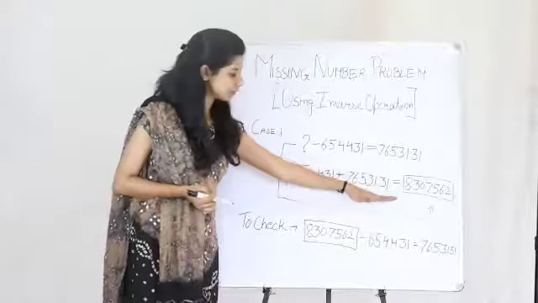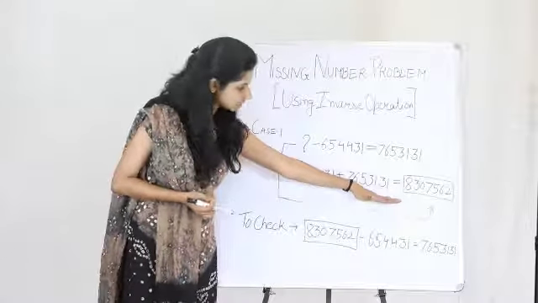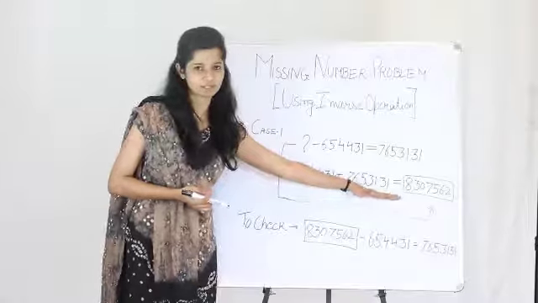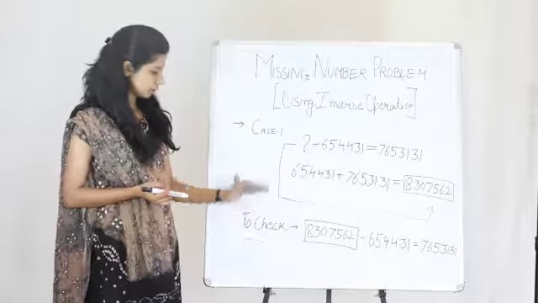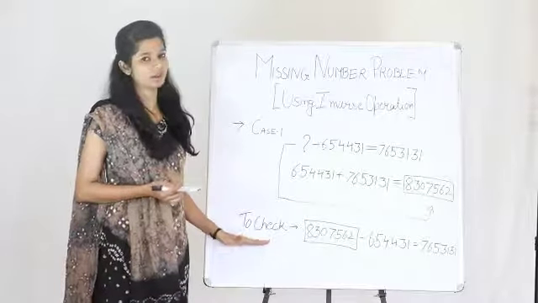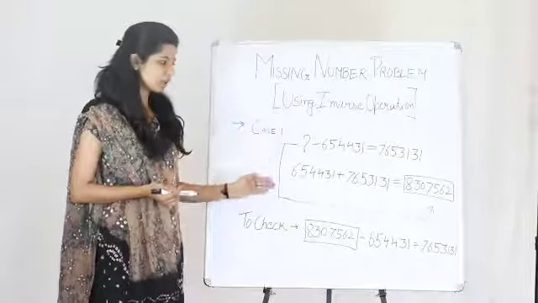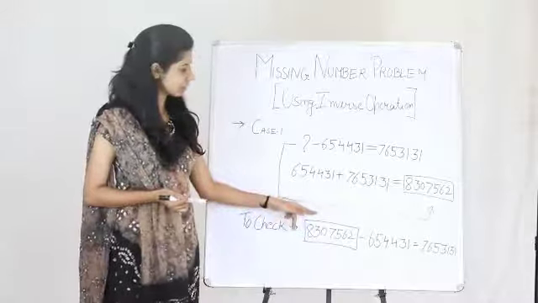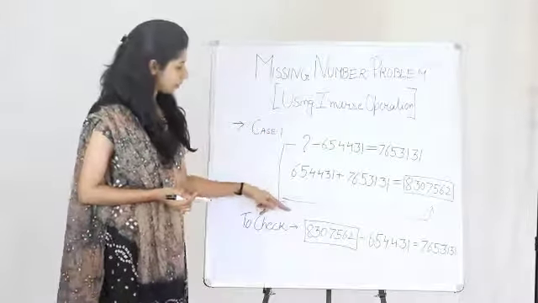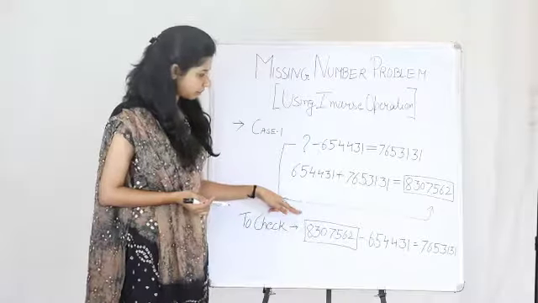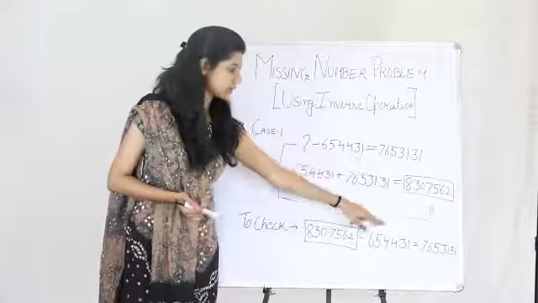We will get an answer as 83,07,562. Now, again the next step will be how to check that our answer is right or not. The same thing you will do here: you will put this answer in the subtraction problem that was given and perform the subtraction. See whether we are getting the same answer or not.